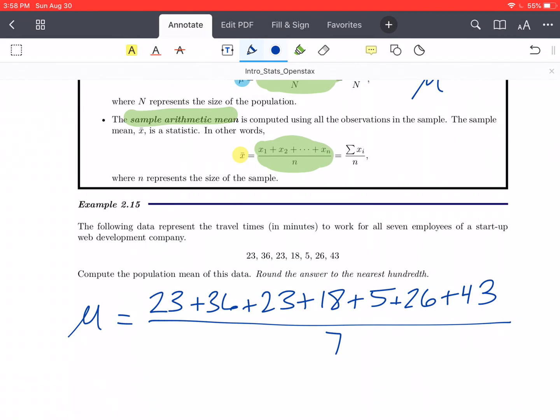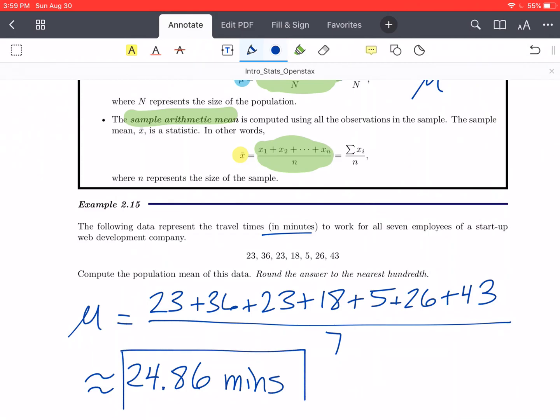If you run that through a calculator or just do it by hand, you get approximately 24.86, and the units were in minutes. So we say the mean travel time for this population of 7 employees is approximately 24, almost 25 minutes.